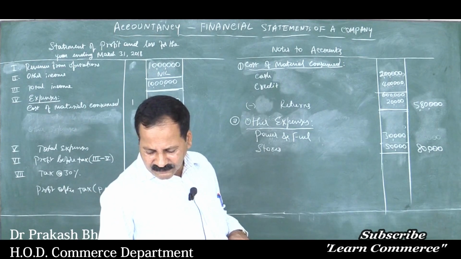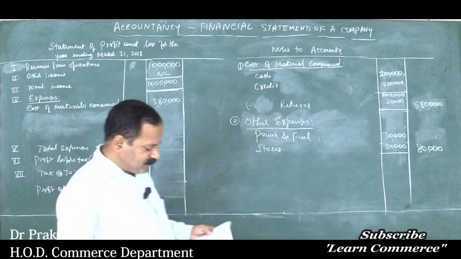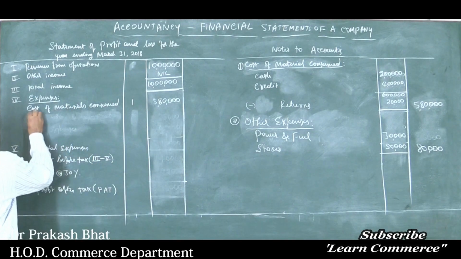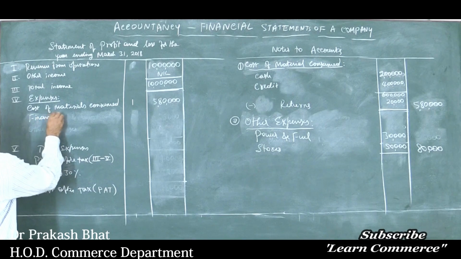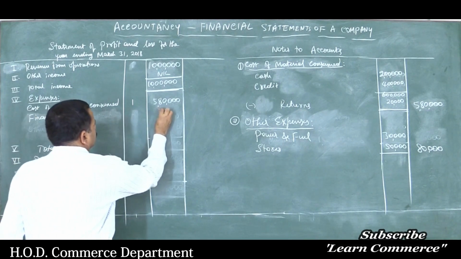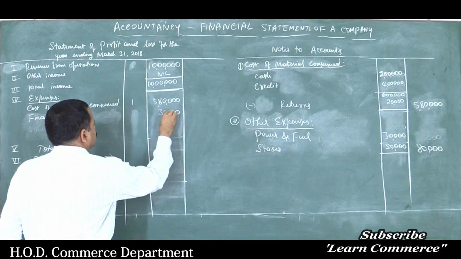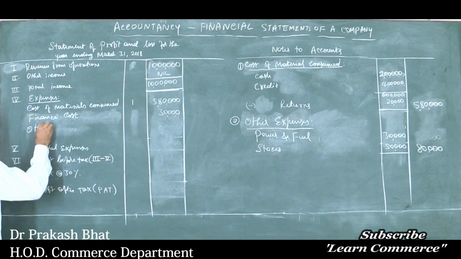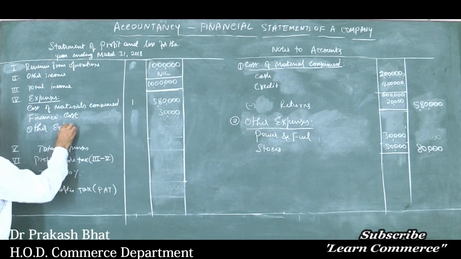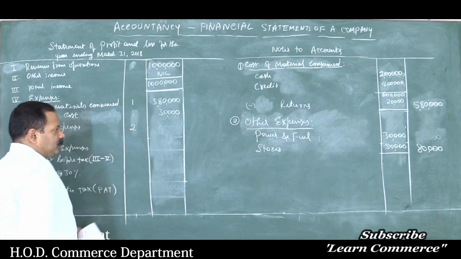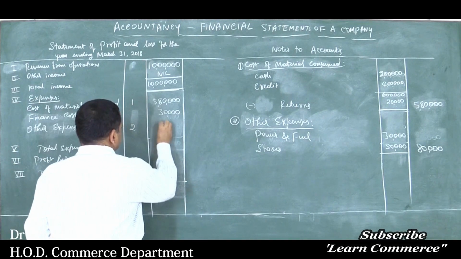Finance cost, interest on bank loan, 30,000. Then other expenses, we have already calculated, note number 2. How much is it? 80,000.